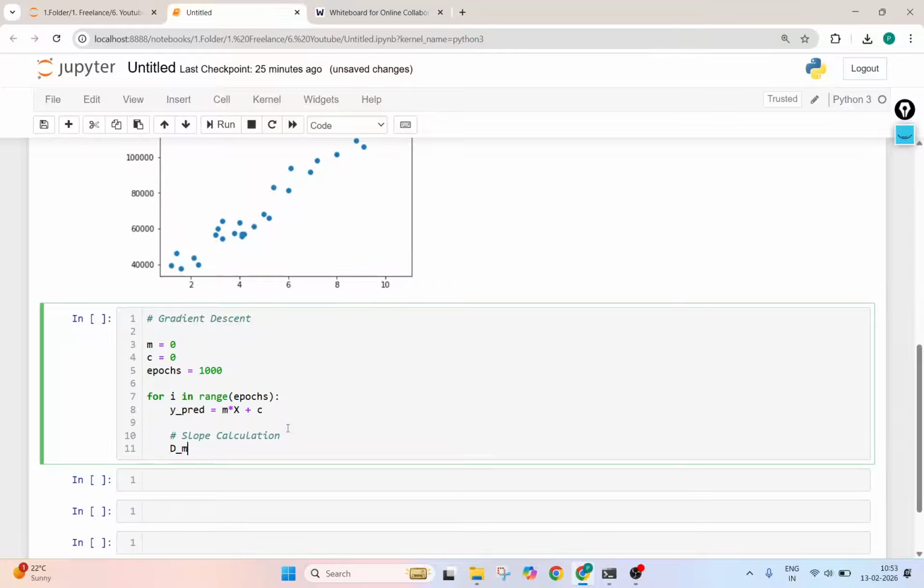So differentiation of m, let's say, equals, if you remember the formula, it was minus 2 by n into sum of x into y minus y pred.